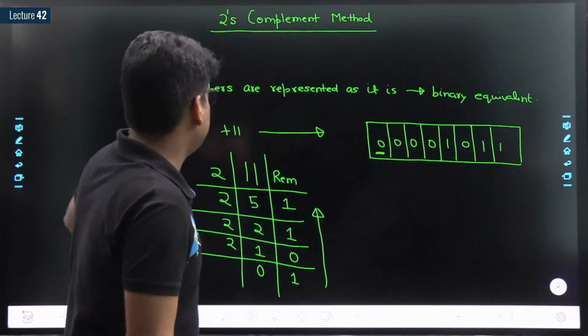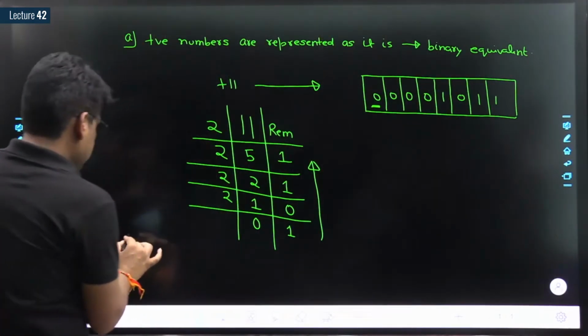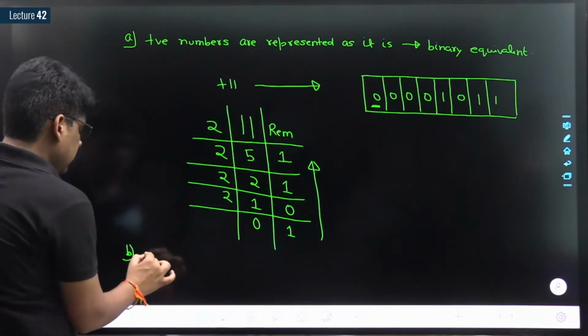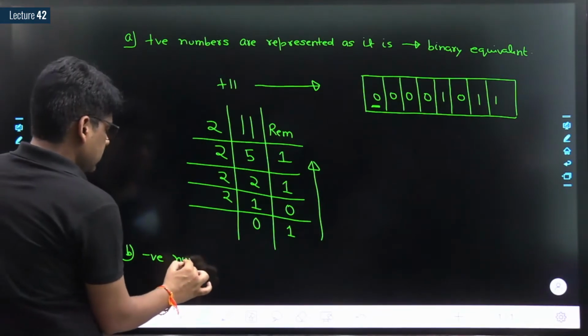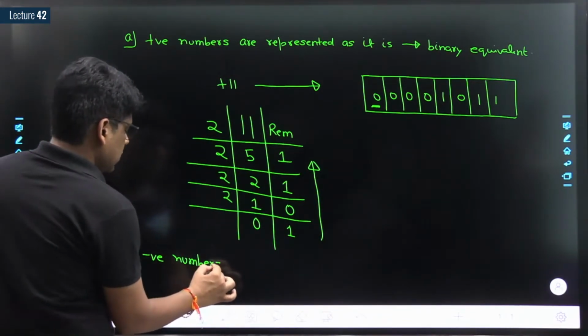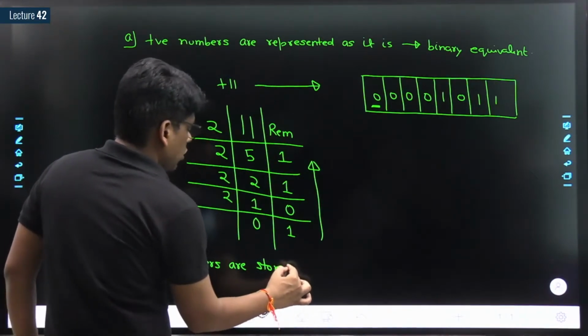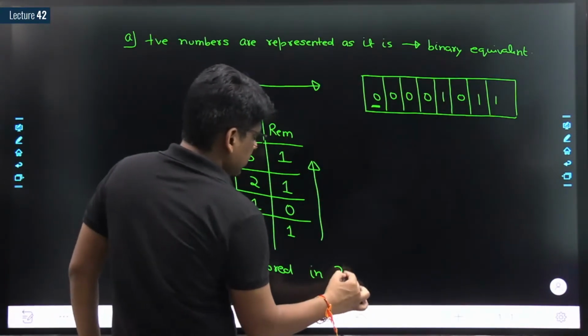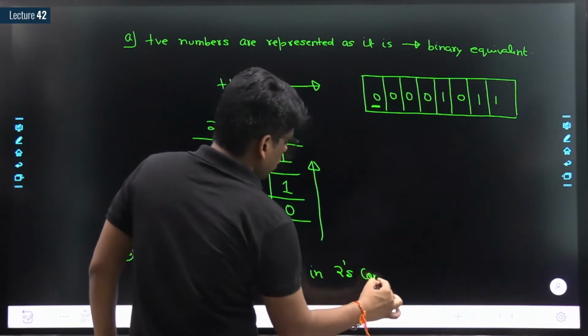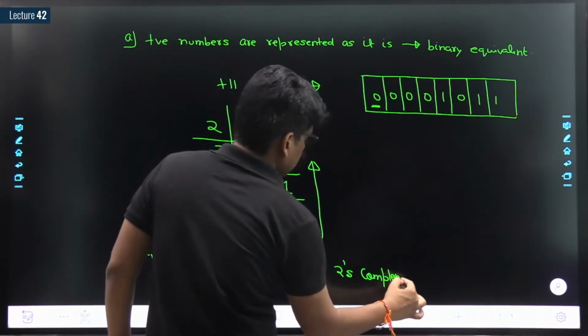What about negative numbers? The negative numbers are stored in 2's complement form.